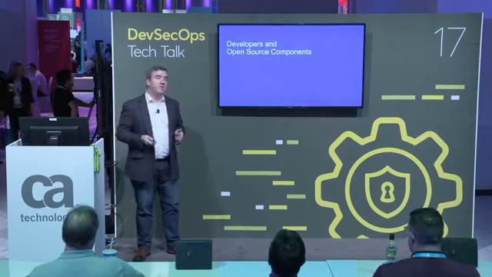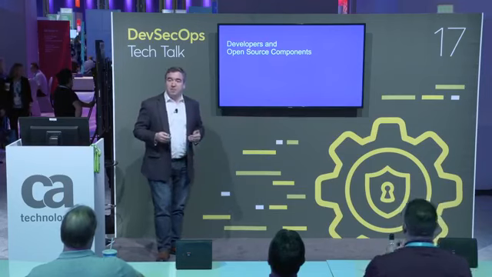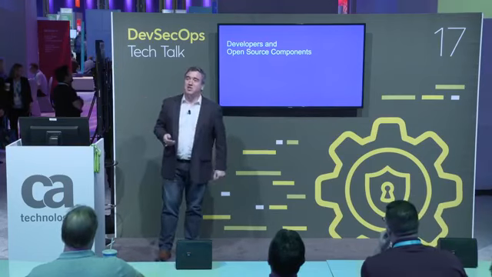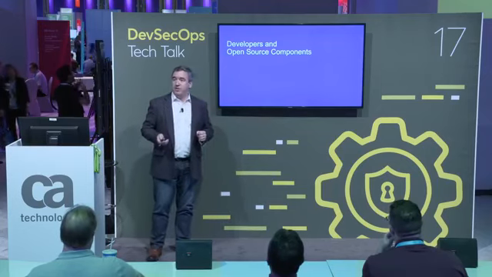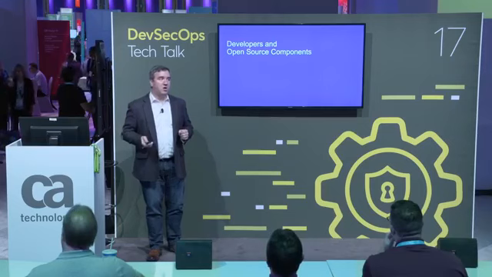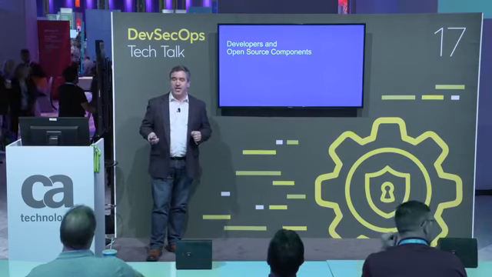So let's get started. When I started my career as a developer 20-something years ago, the practice of software development was a little different than the way it is today, and in particular there was a much smaller understanding of any of the concepts that we think about with open source today.